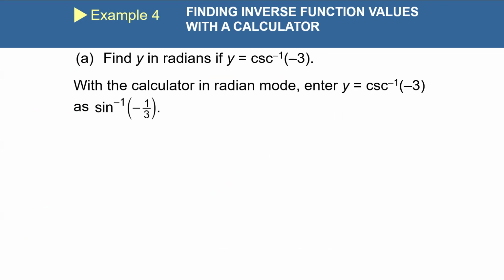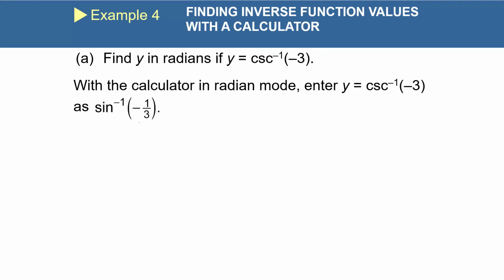In the calculator, to put in the reciprocal inverse, you have to convert it into its reciprocal value, okay? So if the cosecant is -3, then therefore the sine inverse has to be -1/3 because they are reciprocals of each other, correct? And you have to do that with all the reciprocals. Same thing. You just have to think about it.